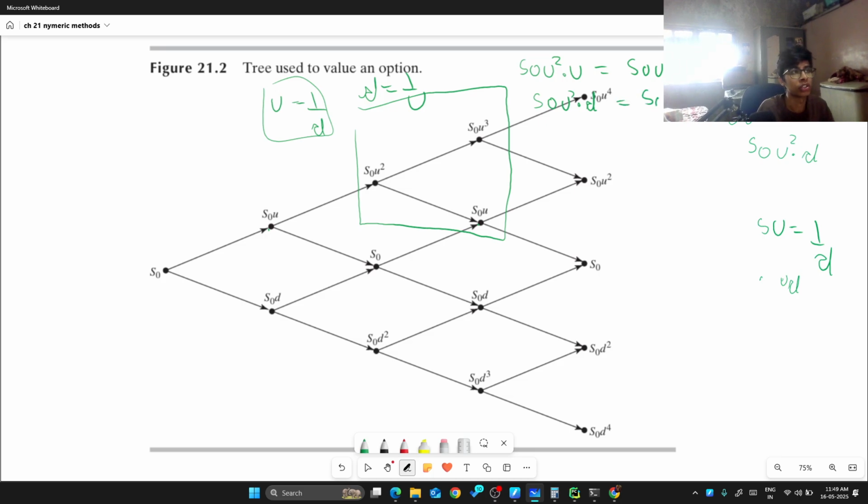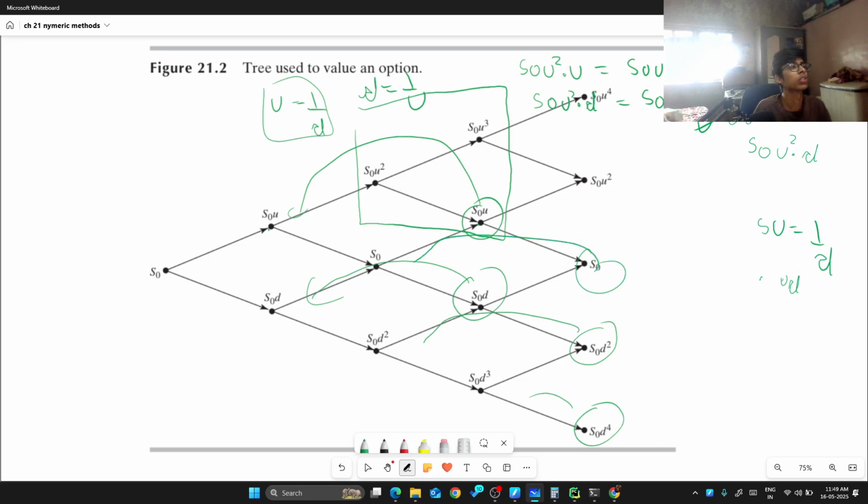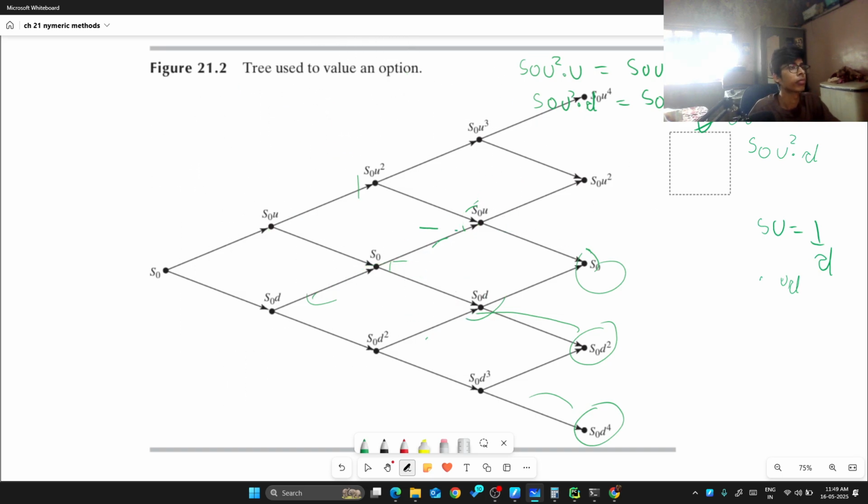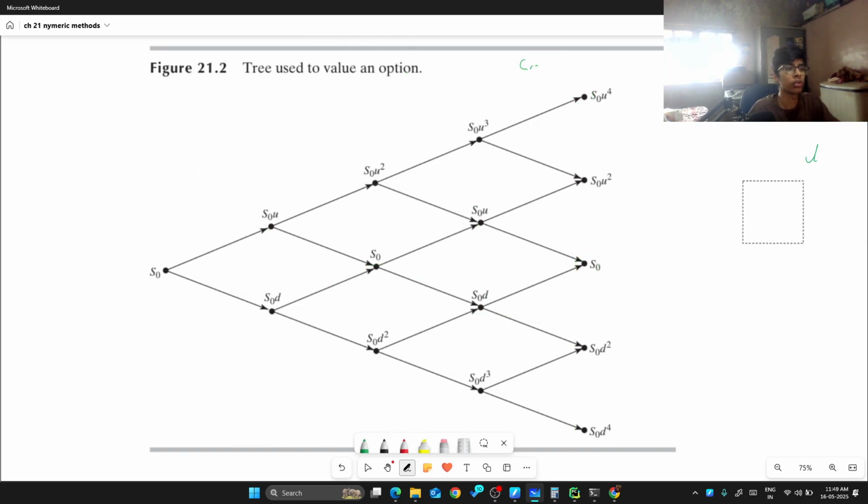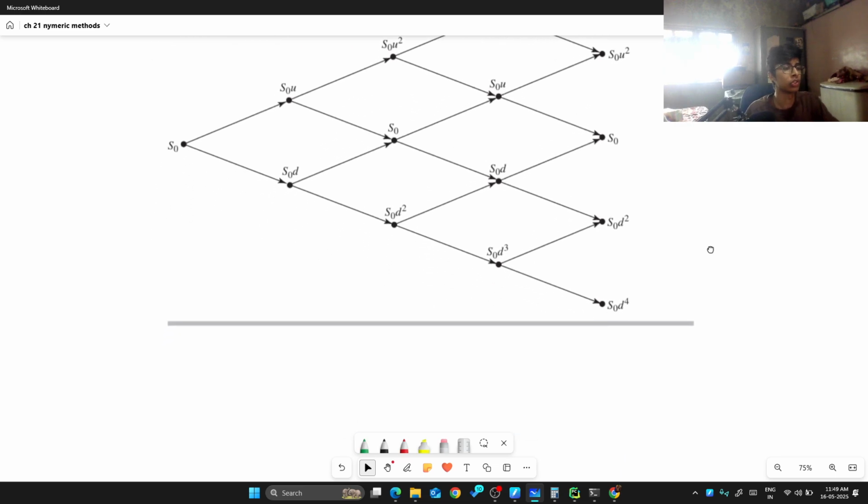And that equals S0u square into 1 by u, and that would be S0u, and that would automatically equal the previous timestamp. And this you can observe everywhere, S0u square here, and S0u4, and there is S0 here. So like that. Let me erase it. I hope you understood it. It makes our job easier.